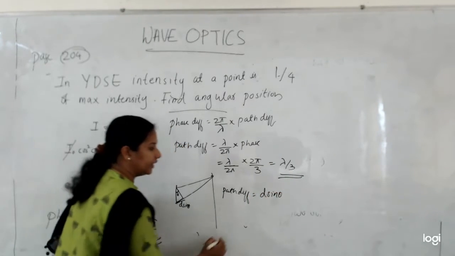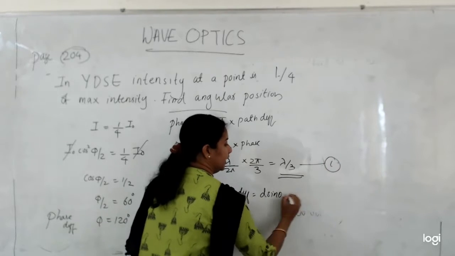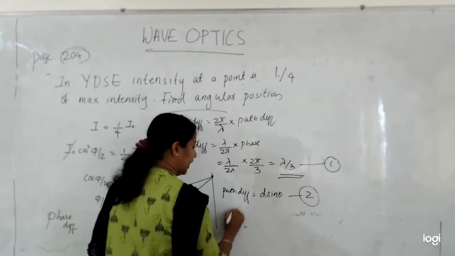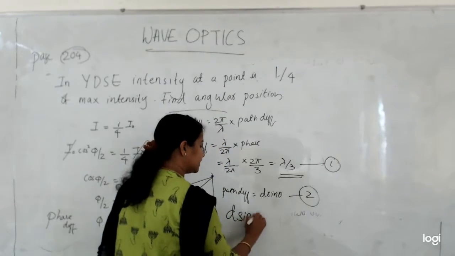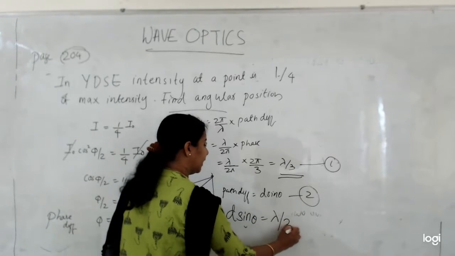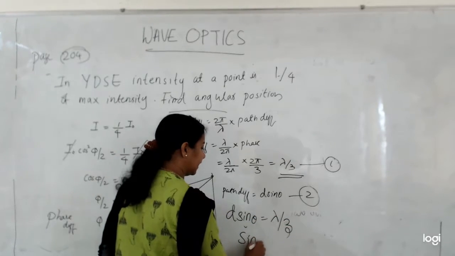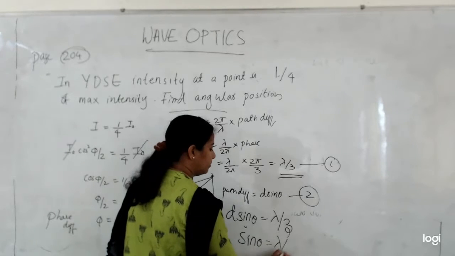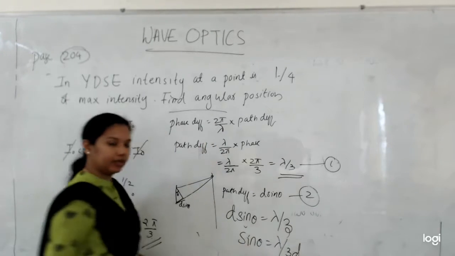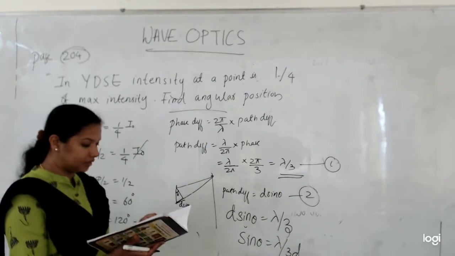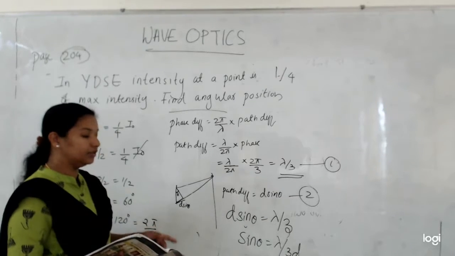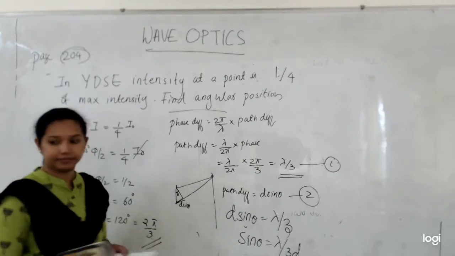I can write d sine theta is equal to lambda by 3, or sine theta is equal to lambda by 3d. Next.